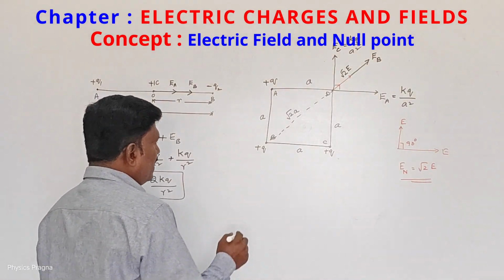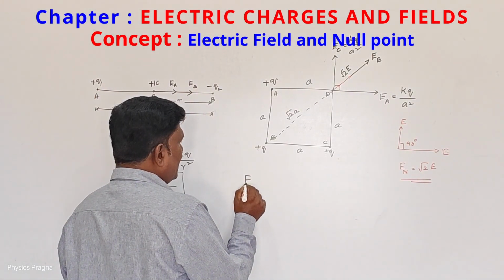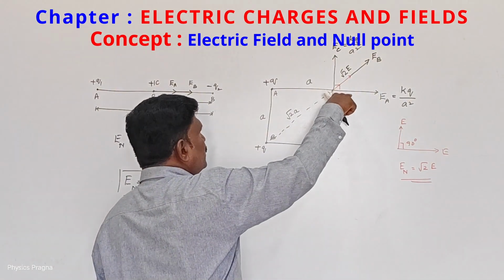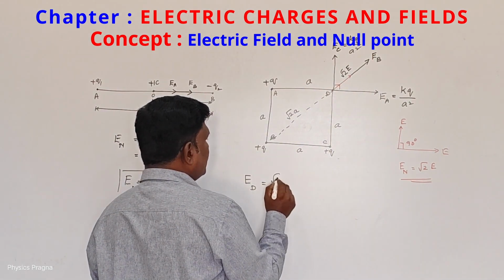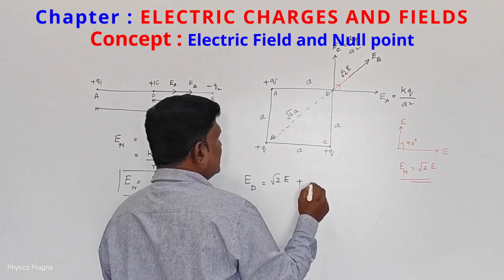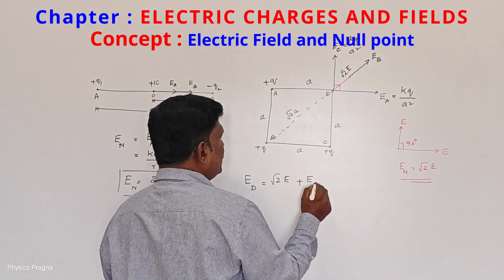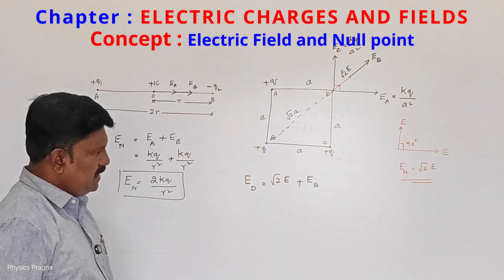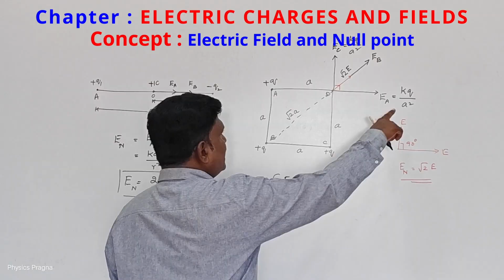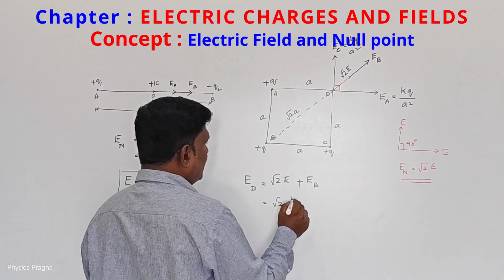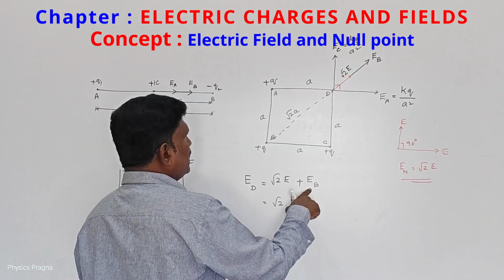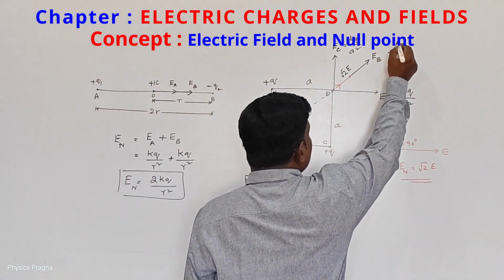So here the net electric field at point D is equal to these two added, so this is root 2 E plus the electric field due to the presence of charge at B. So here root 2, what is the E value here? K Q by A square plus E_B. E_B is equal to how much?